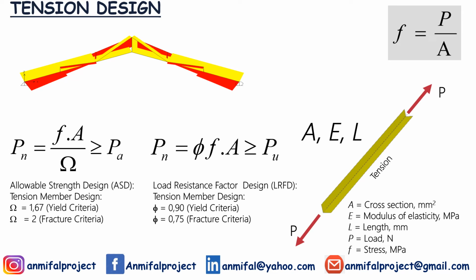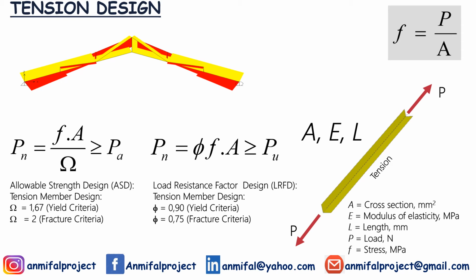What is omega? Omega is the reduction factor: for the yield criteria it is 1.67, and for the fracture criteria it is 2.